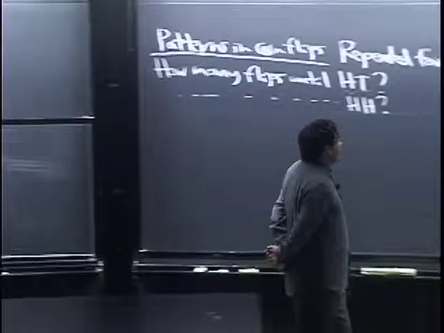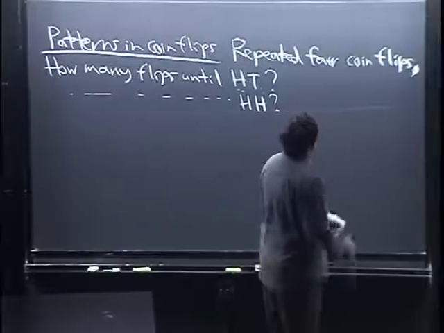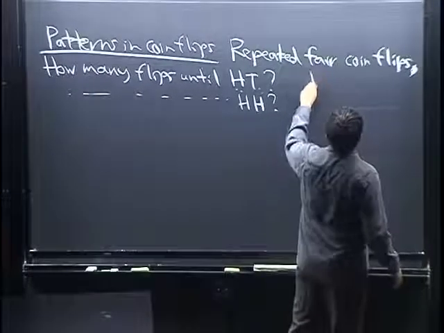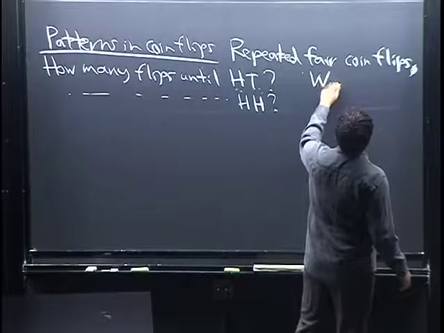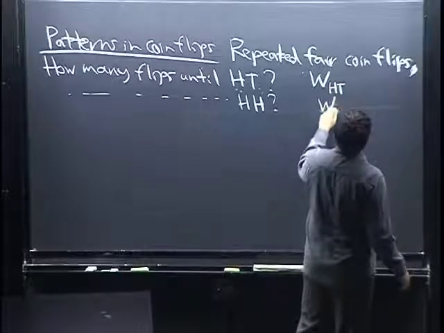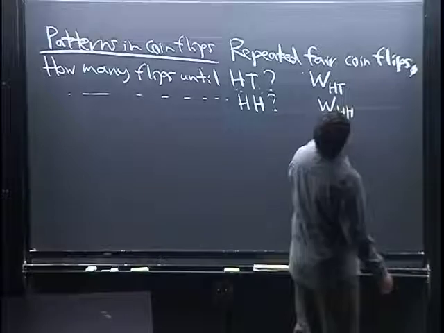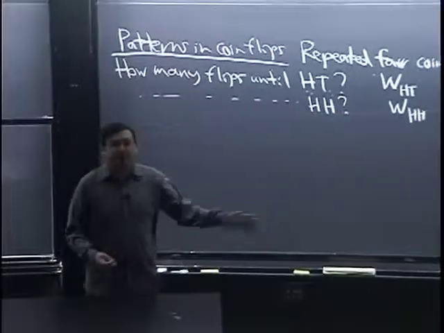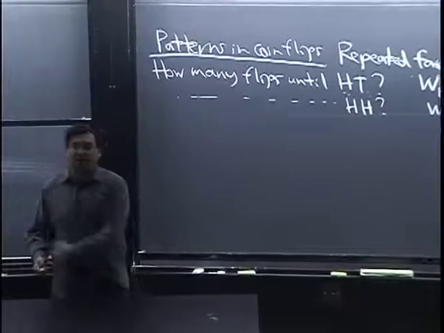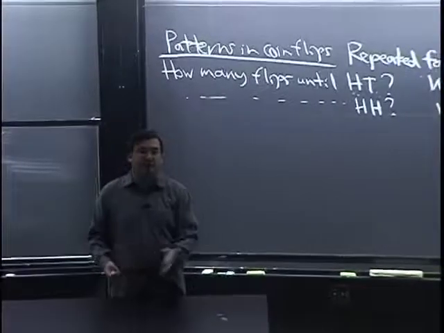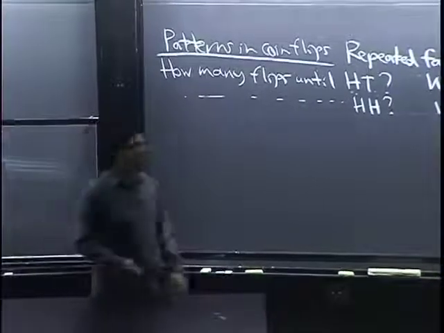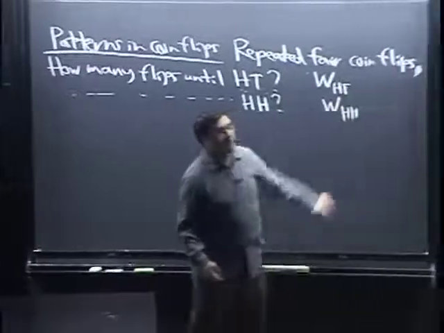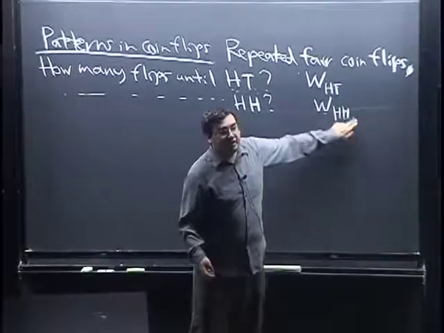Okay, so let's find the average. Let's call these W_HT and W_HH. By W_HT, I just mean the random variable representing how many flips, imagine this long sequence of coin flips, and how far into the sequence do you have to get until you see HT for the first time, how far until you see HH for the first time.